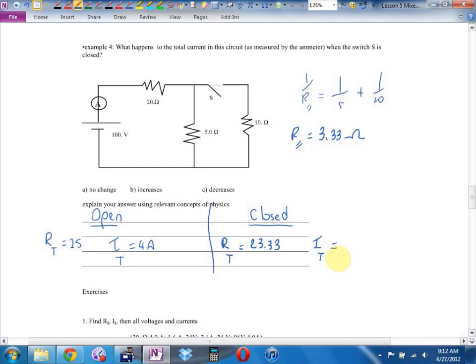Total current now. 4.29? What's the answer, A, B, or C? When you close the switch, is there no change? The current increases, the current decreases. Emily? A, B, or C? B. There. Explained.